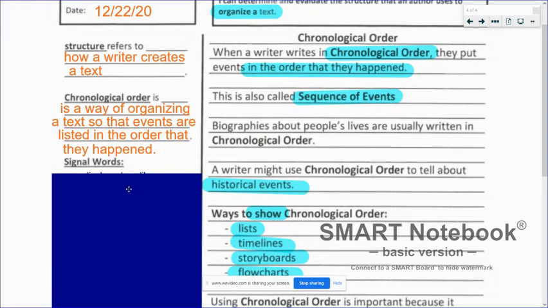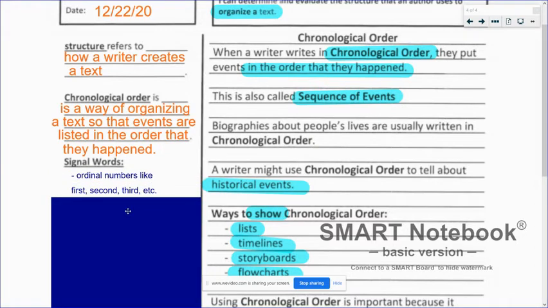Signal words. So these are words that are going to possibly be in the text so that it will give you the hint that, oh, wait, this is organized chronologically. So ordinal numbers like first, second, third. So whenever you read something that's how to do something, it's always chronological because they're telling you the first step, the second step, the third step.